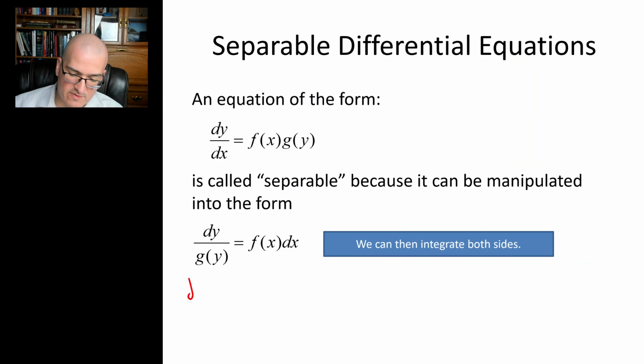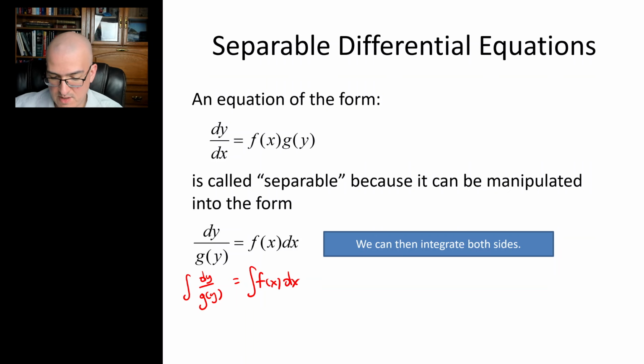So antiderivative of dy over g of y is equal to the antiderivative of f of x dx. And then what we'll get on the left hand side is some capital G of y. On the right we'll get some capital F of x plus c.